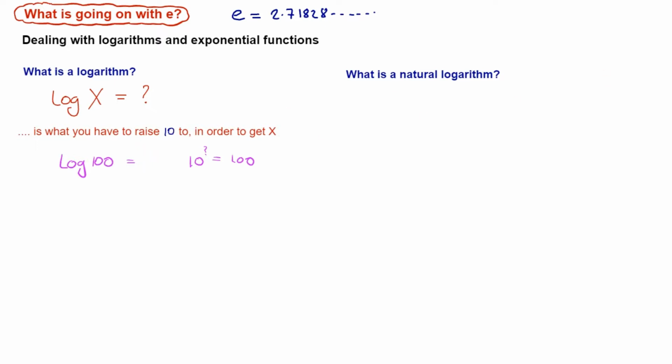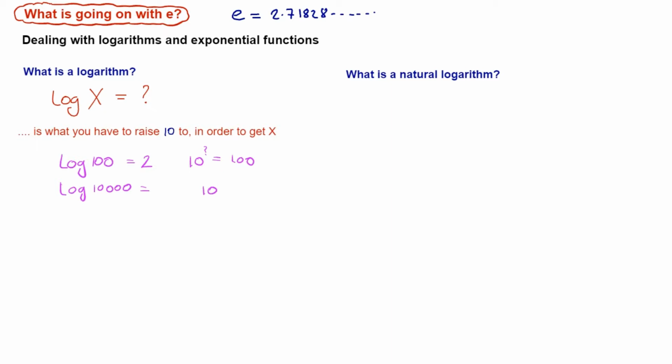And that's all it means. It takes a bit of getting used to, but it's just the number you have to raise 10 to, to get the number that you're looking for the log of. Let's do another one. What's the log of 10,000, for example? What do we need to raise 10 to, to get 10,000?